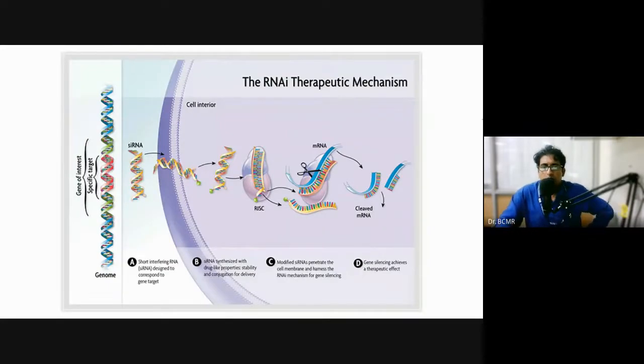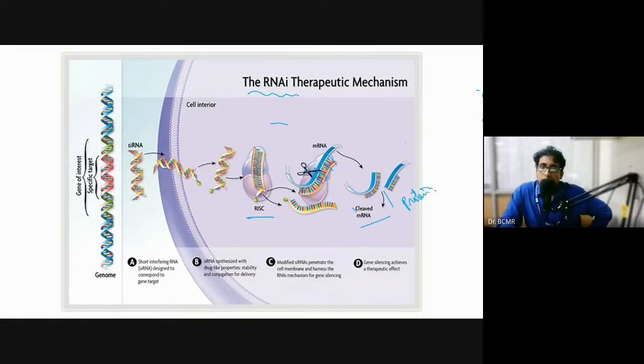There are also other therapeutics using molecular techniques like RNA interference. We discussed it a little bit in our previous course, molecular genetics, where there is formation of the RISC complex. The dicer will then cut the mRNA, and we'll have cleaved mRNA, because of which the protein is not produced.